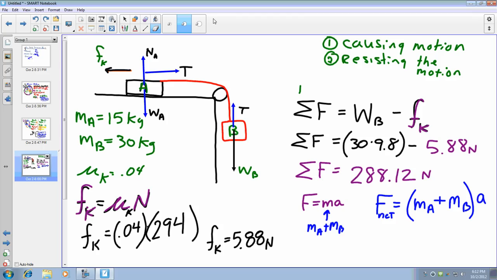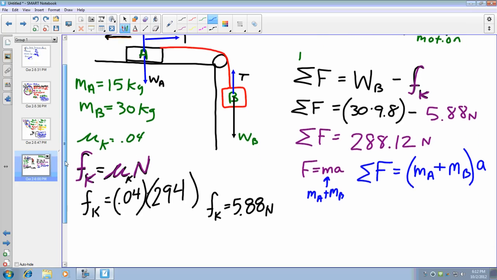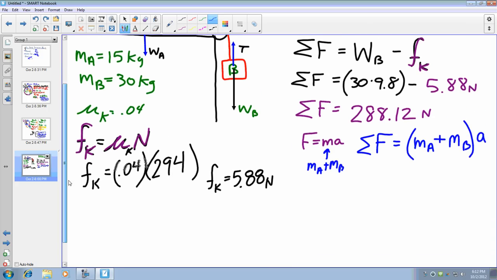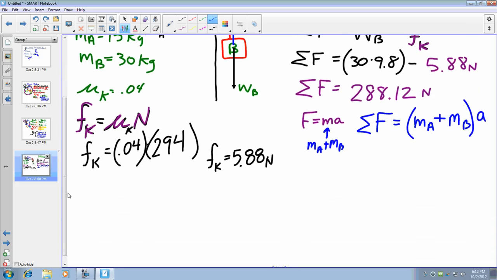Let's change that from F net to the sum of the forces. Those mean the same things, so don't get hung up on that difference, because we're talking about the entire system. So now let's do a little plugging and chugging.